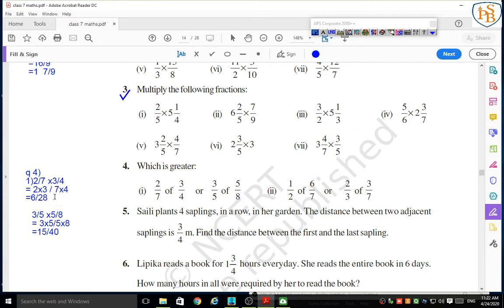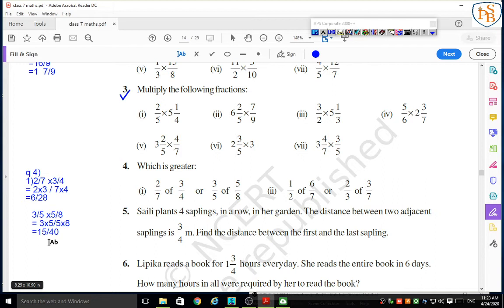Okay, look at here carefully. This is 6 upon 28 and this is 15 upon 40. The denominators are different. Okay, now what do we have to do here?